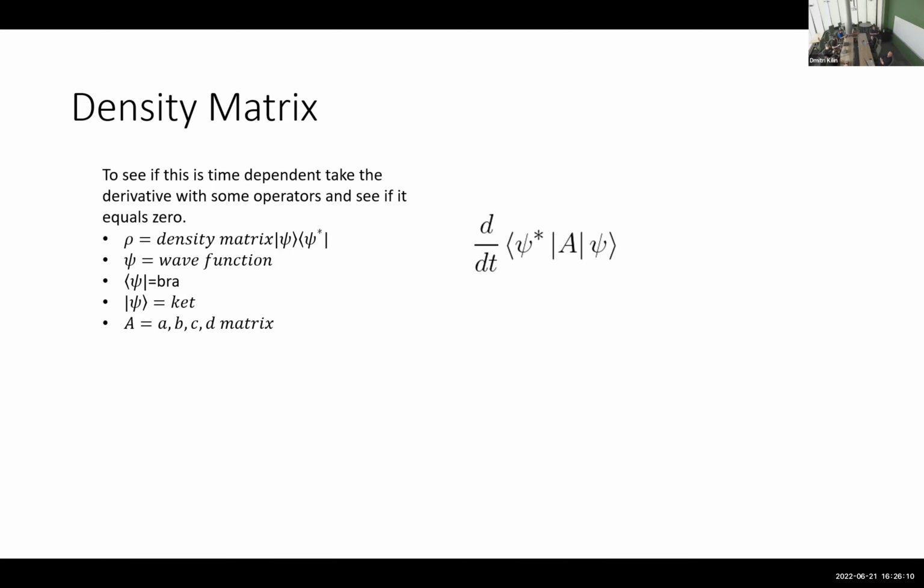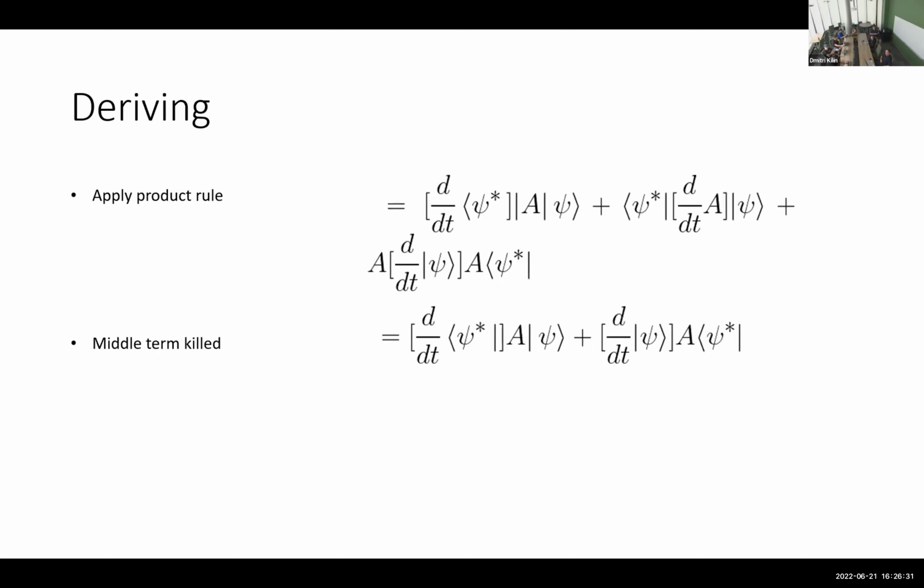The ket is our column vector, while we'll have a row as our bra, and then A is just part of our operation of an ABCD square matrix.